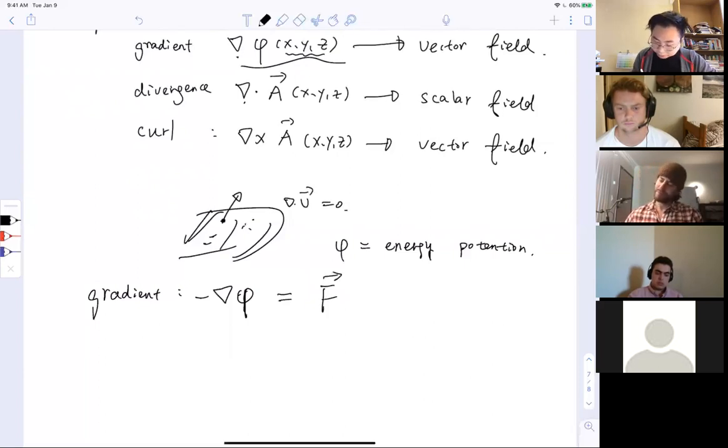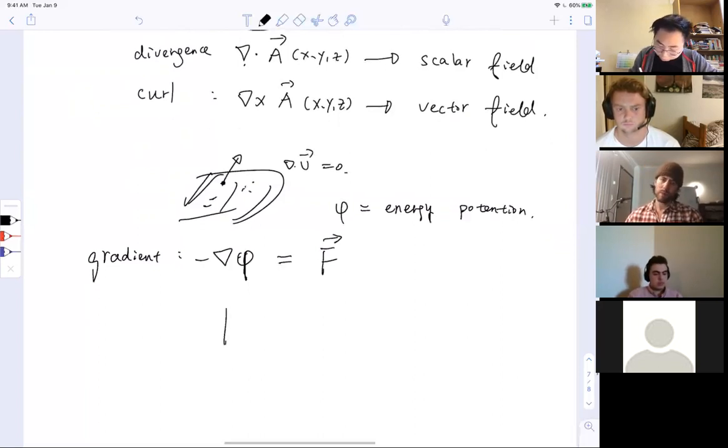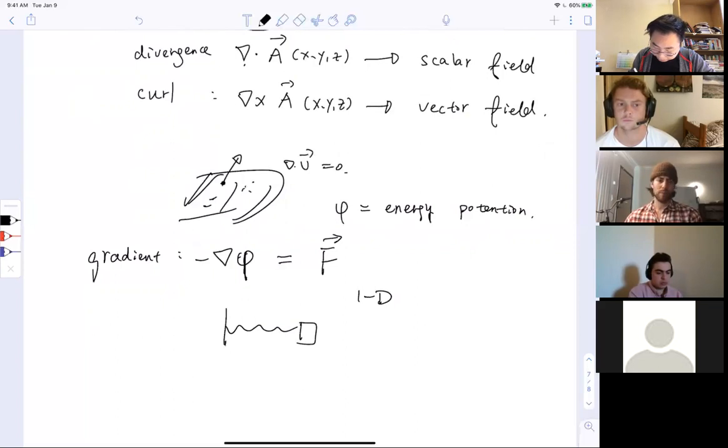Force is a vector. Energy potential is a scalar. A very well-known example, a one-dimensional example: in 1D, the spring potential is given by 1/2 kx squared, right?